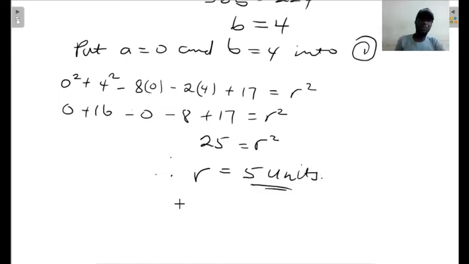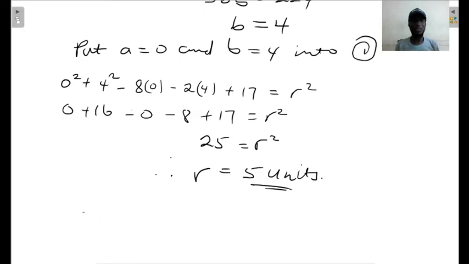Now that we know the values of a, b, and r, we can just go back and substitute them into the standard equation of a circle which we started with to get the required equation of the circle we are looking for.